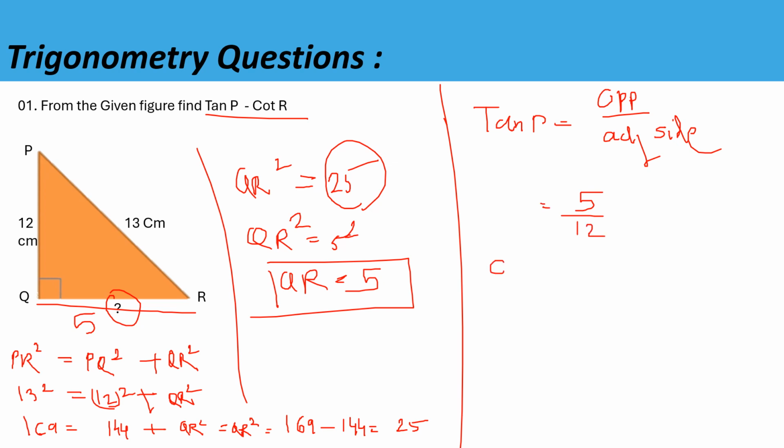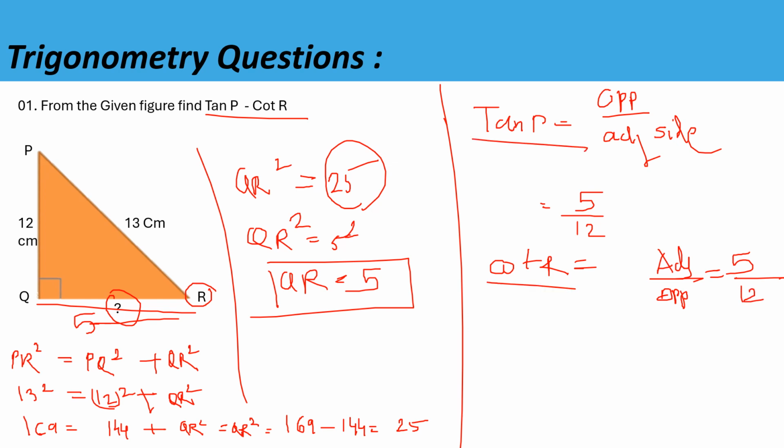And cot R is what? Cot means adjacent on opposite. Cot R: R's adjacent side is what? 5, and opposite side is what? 12. So now we have found tan P and cot R. Now we can subtract, tan P minus cot R, which comes to 5 by 12 minus 5 by 12. So the answer for that is 0.